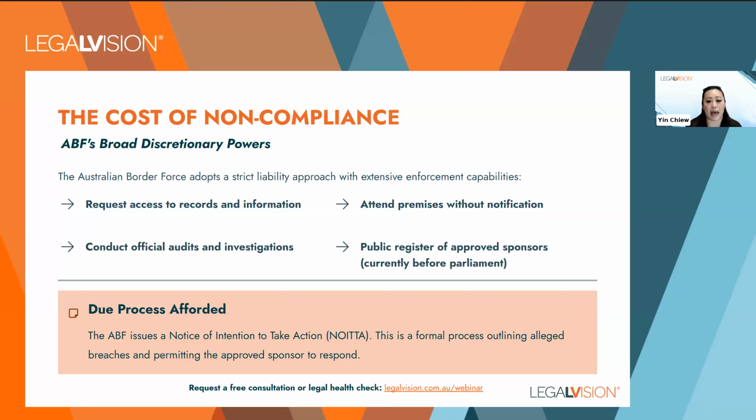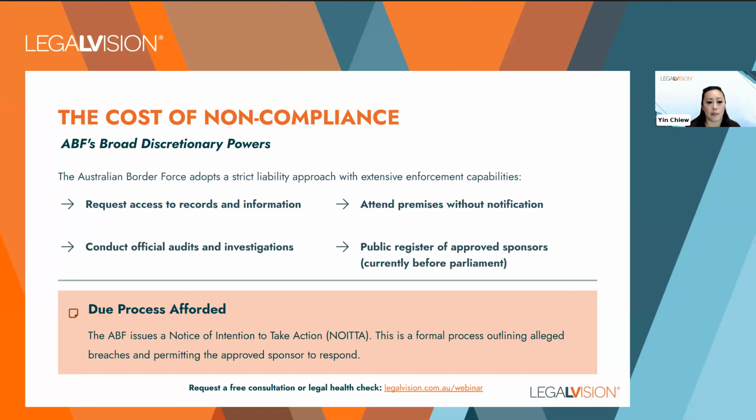So what their power is, if you're an approved sponsor, you can receive a notification from the Australian Border Force pretty much at any time requesting that you provide information. It could be records of pay slips of your sponsored workers. It could be information about how you came to an appropriate salary for your sponsored worker.